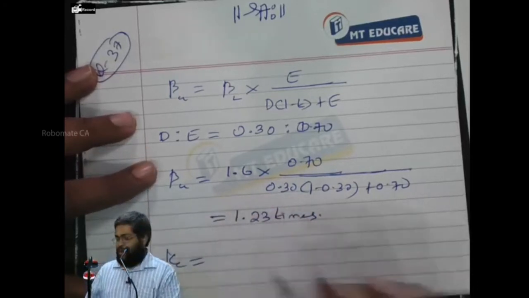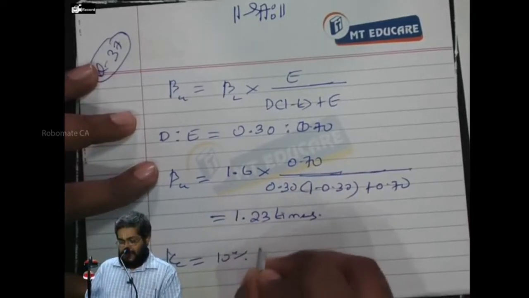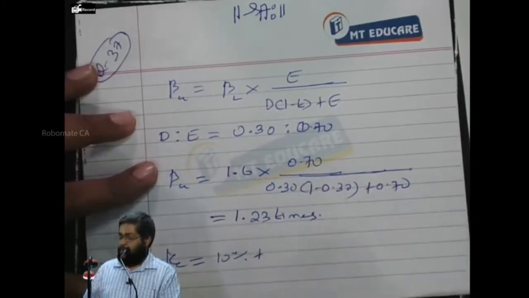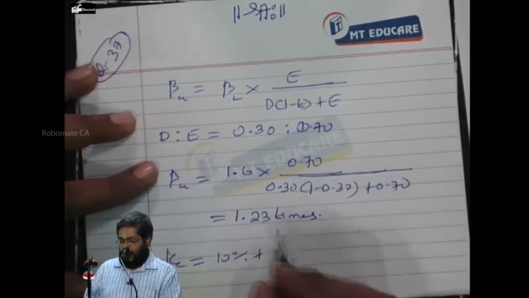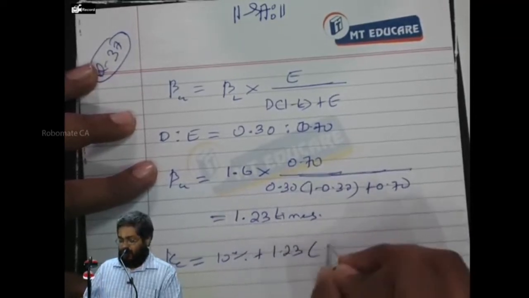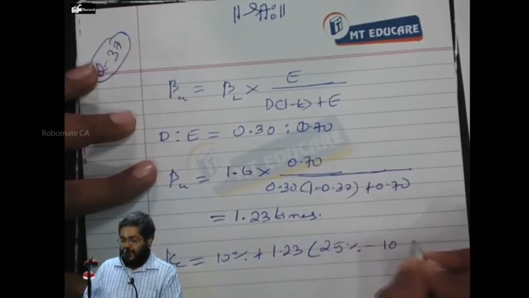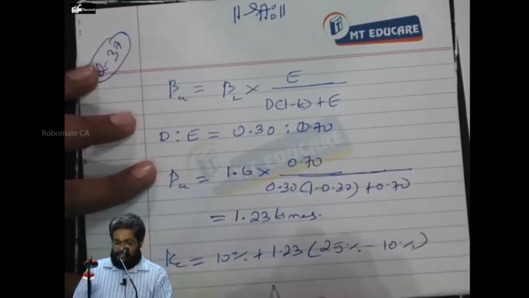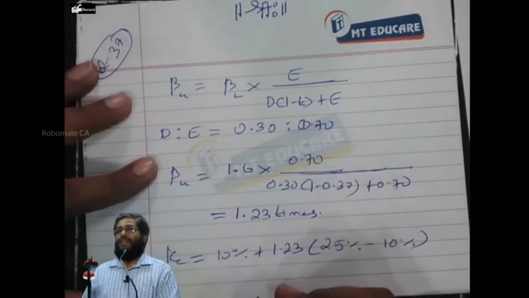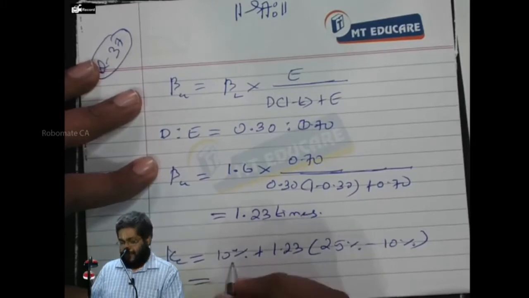Now, tell me what is the risk-free rate given? 10%. 10% plus beta, what beta do we have? 1.23, you know we only calculated it. 1.23 into, what is RM? 25% minus 10%. 10% plus 1.23 into 25% minus 10%. Can somebody tell me the number here?